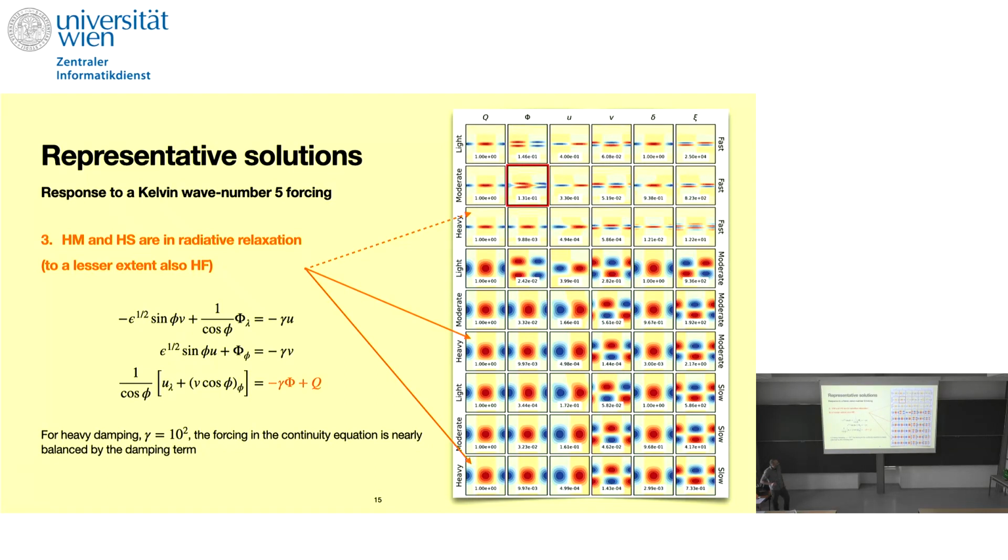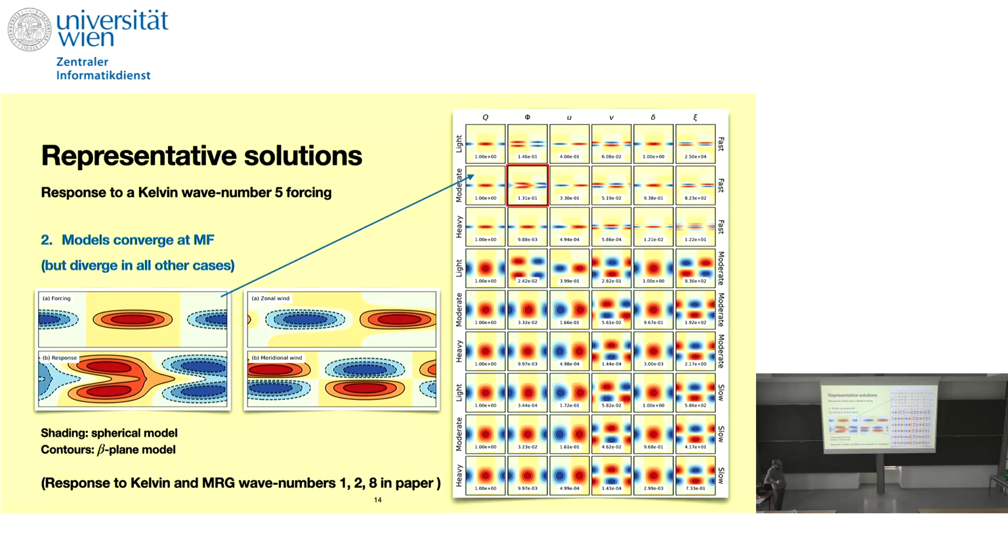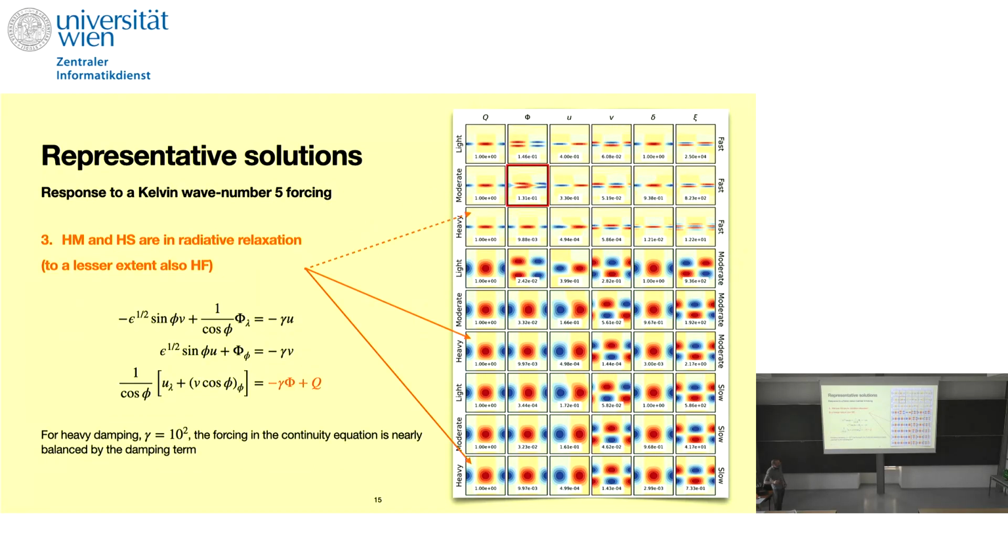So considering that 10 to the power 2 times the geopotential here is roughly 1, which roughly balances the forcing, and the divergence is indeed about 300 times smaller compared to those two terms. And likewise here, and to a lesser extent here.